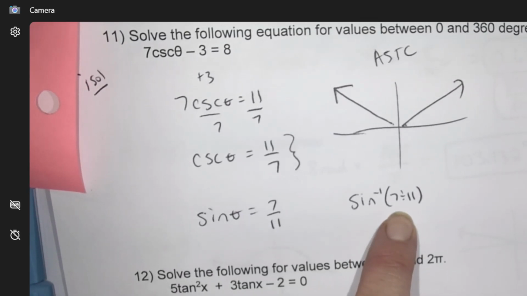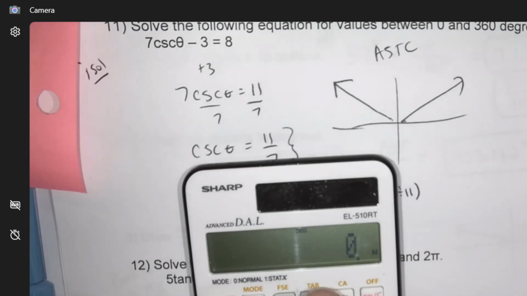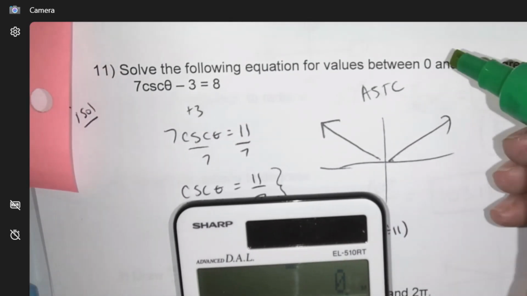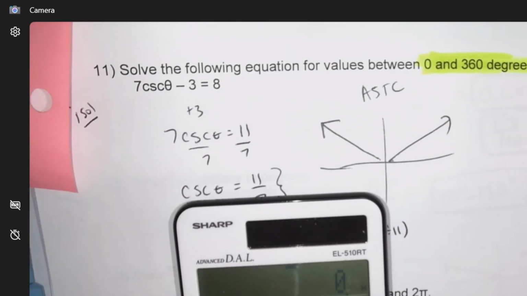Okay, so we're going to have our calculator. What should we do at the top here on this question? Mode-wise stuff. Degrees. So we're going to need to be in degree mode.